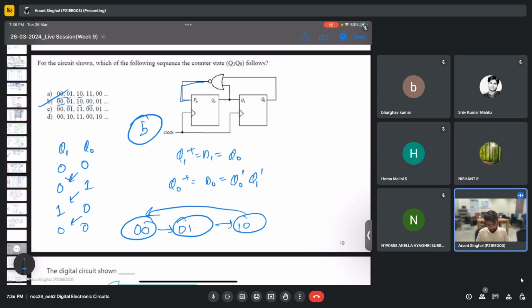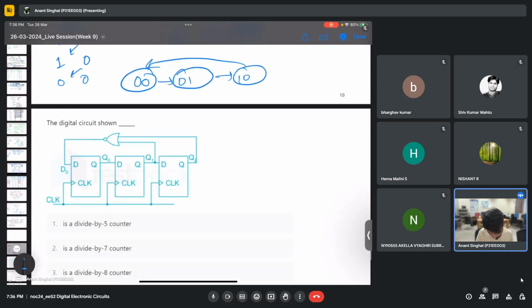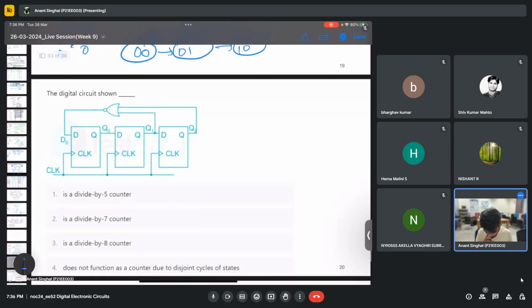Fine. Quickly let me know the answer to this now. This is again a similar question. You need to count all the states because it is a divide by counter.